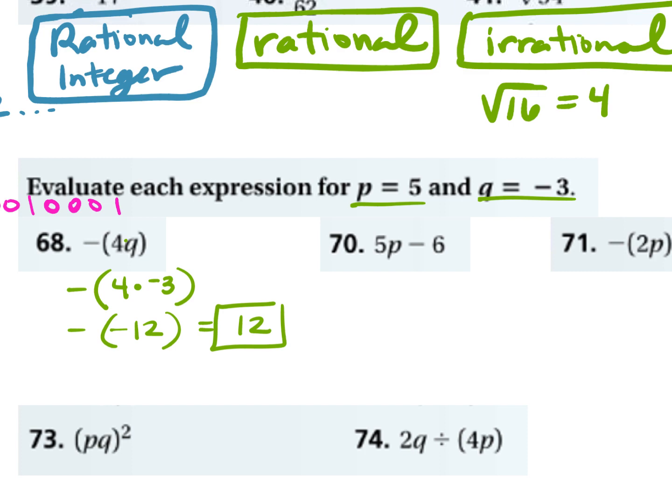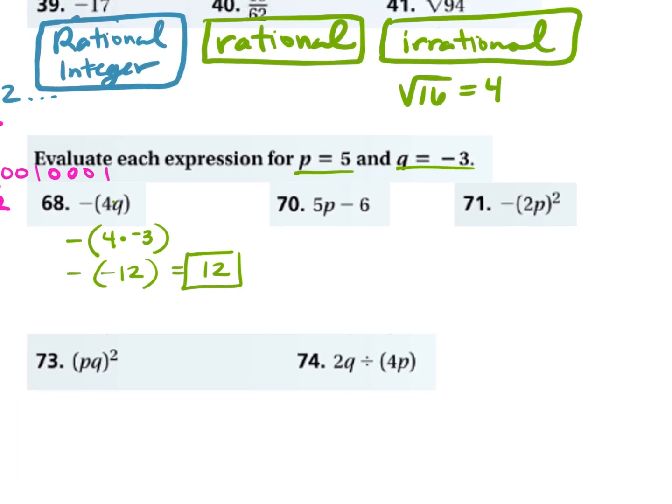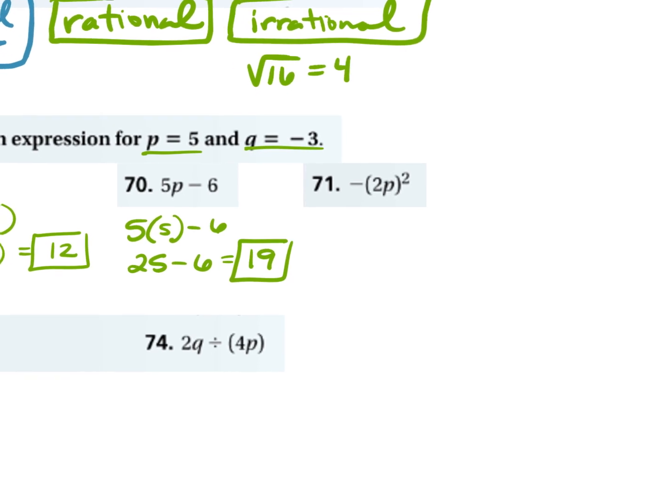All right, number 70. You have 5 times P, which is 5, minus 6. So that's 25 minus 6, or 19. That one's pretty straightforward. This one gets a little fancy again. You have a negative parenthesis 2 times 5 squared.